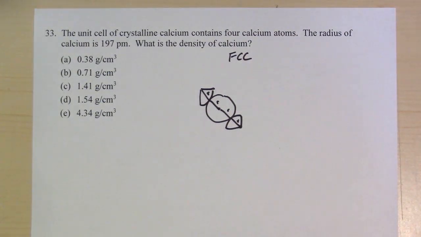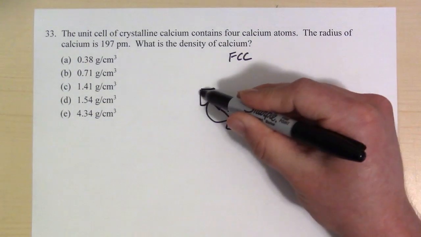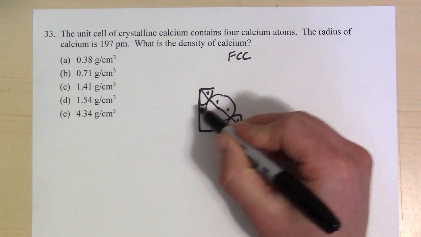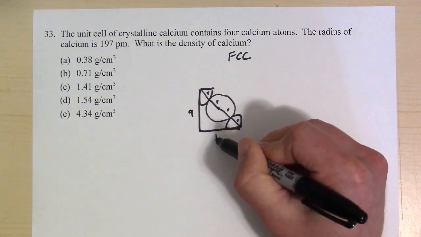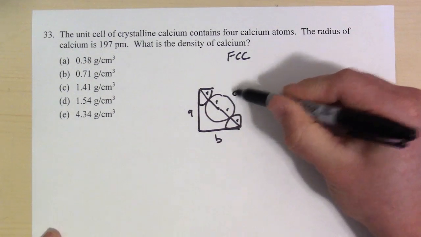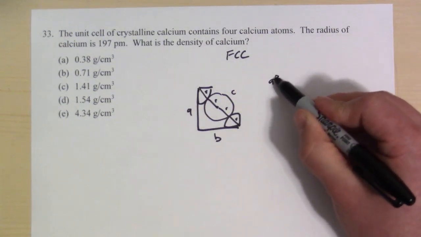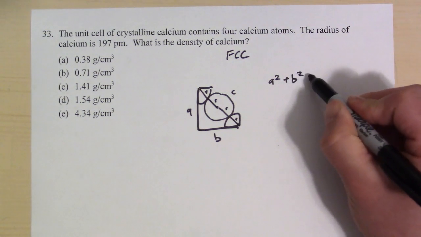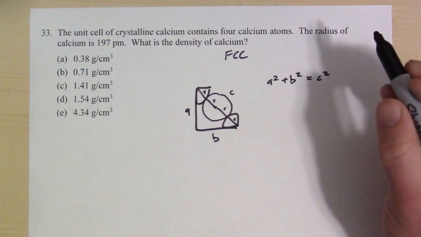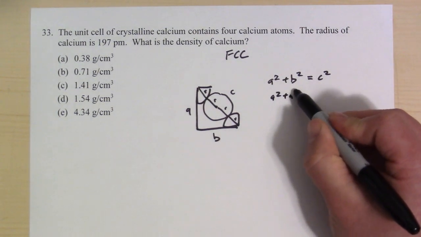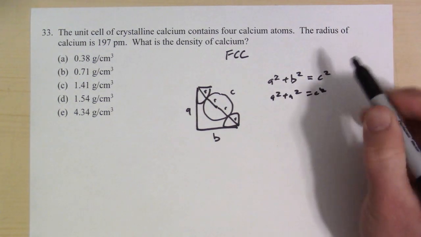R. And then we have the other sides of that face. So this will be A, this will be B. Let's make this C here. So using Pythagorean theorem, A squared plus B squared is equal to C squared, where here A and B are equal, so A squared plus A squared is equal to C squared.